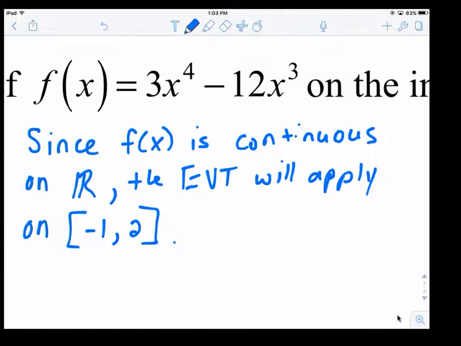So since the entire equation is continuous, the EVT will apply on a closed interval.